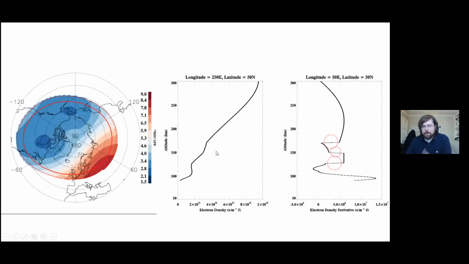Another thing that the HF community usually figures out is that the IRI also has a number of discontinuities in the derivatives, or its vertical gradients. If you look at the electron density profile from the IRI given by this plot, you can see there are a number of piecewise continuous sections that make up this profile.